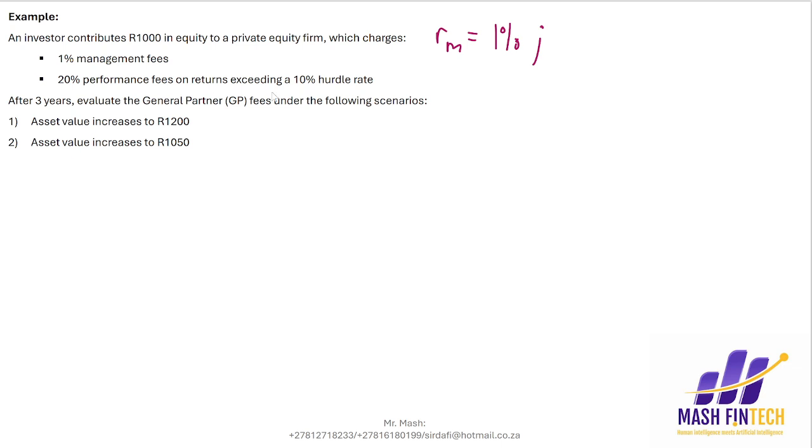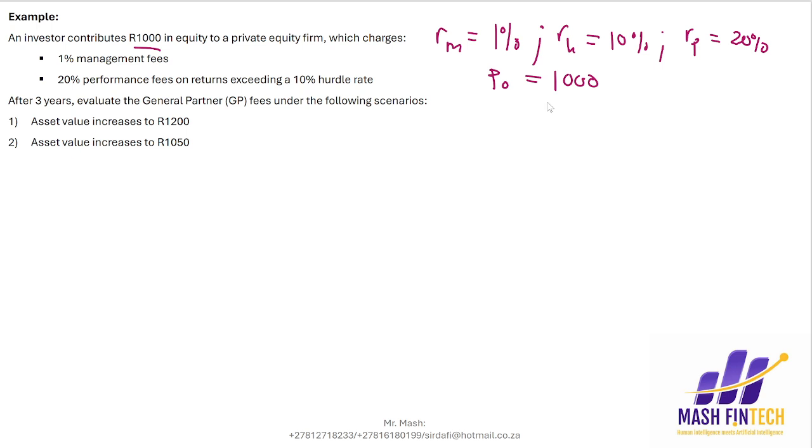The hurdle rate is 10%, so the RH is 10%. And the performance fee, instead of using P, I'm just going to use RP. It's going to be 20%. And the equity that has been invested is 1,000. So the P0 is 1,000.